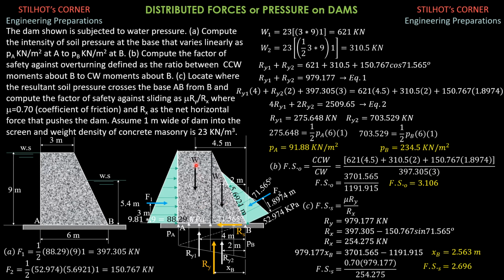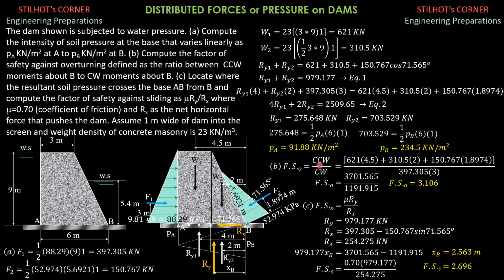So, the moment of W1 about B is W1 times 4.5, W2 times 2, then F2 times this moment arm. We actually calculated that from here. Then the clockwise moment, or overturning moment, or tipping moment about B, is F1 times 3.